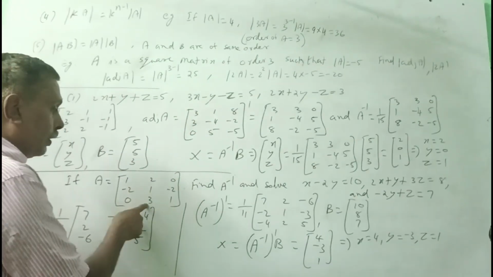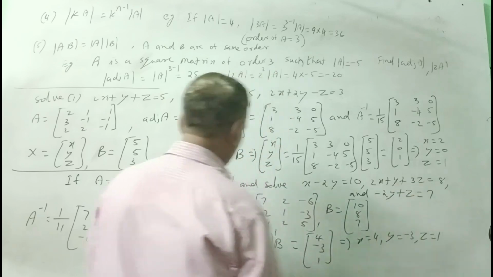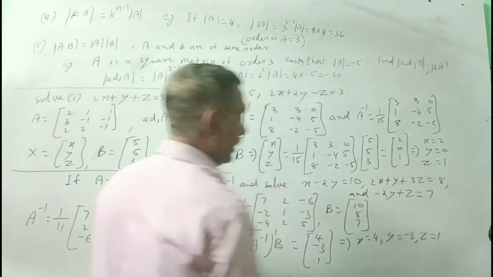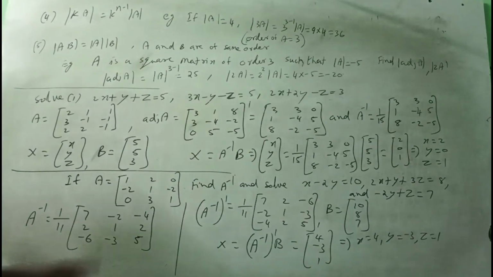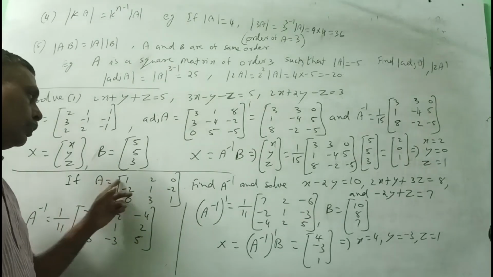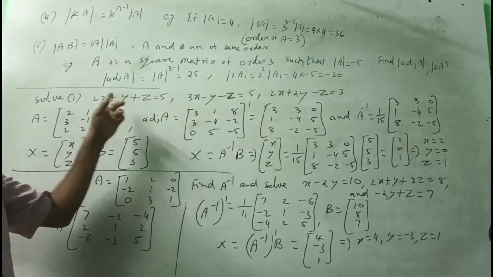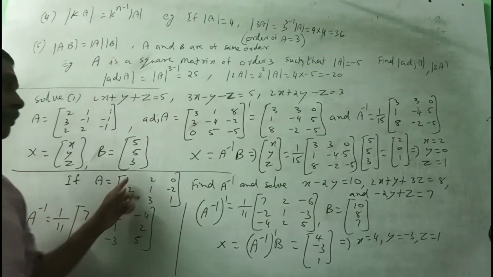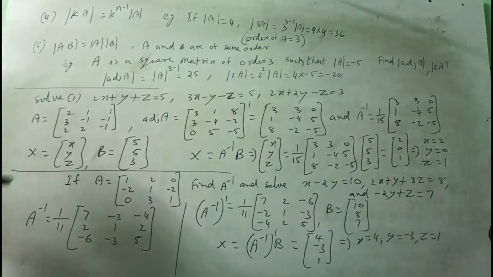The second one you see 2, 1, 3. And the third one 0, minus 2, 1. This time the coefficients are written column wise, not row wise. In the previous case we took the coefficients row wise, but this time the coefficients are given column wise. It is given, so we cannot change.